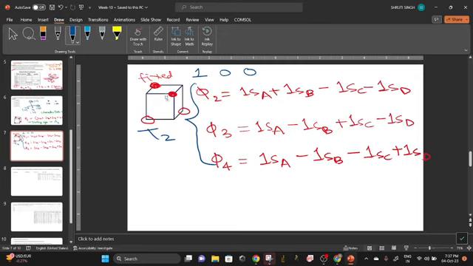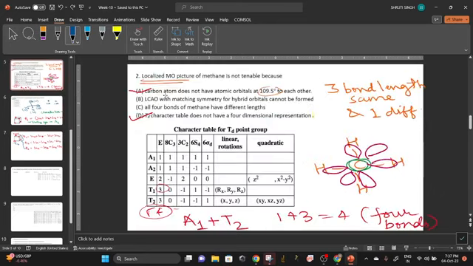Sir actually did not do it this way. What he did was, he told like T2 is triply degenerate and we have 3 C2s. In the character table, T2 is triply degenerate and we have 3 C2s. So they should be symmetric with respect to 3 C2s.